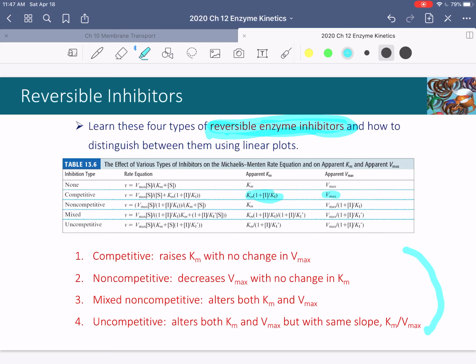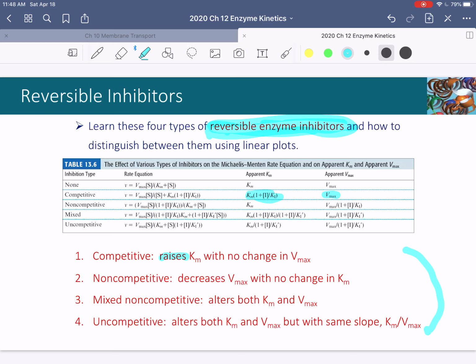You don't need to memorize each of these different apparent Kms and apparent Vmaxes, but I want you to see that what characterizes competitive inhibition is that Vmax is the same, but Km has been raised. You have to add a component to your Km. So we're going to increase Km.